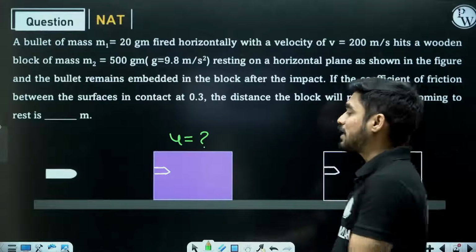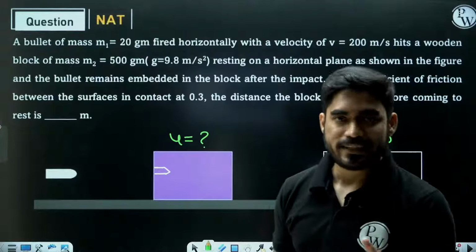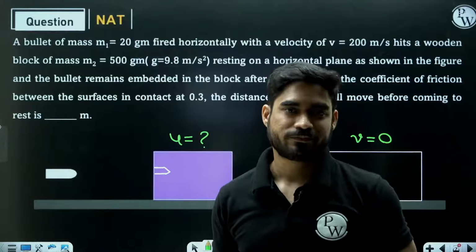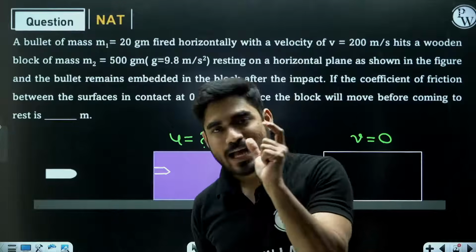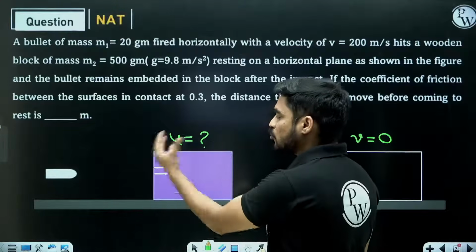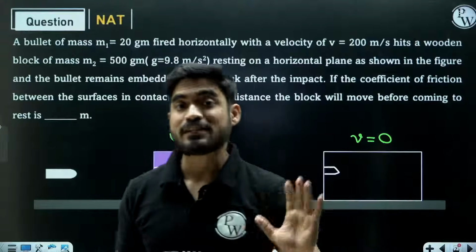But when the bullet hits this block, the velocity of the block and bullet combined will change. So we have to calculate that velocity when the bullet hits the block and they start moving together. With what initial velocity will they start moving?